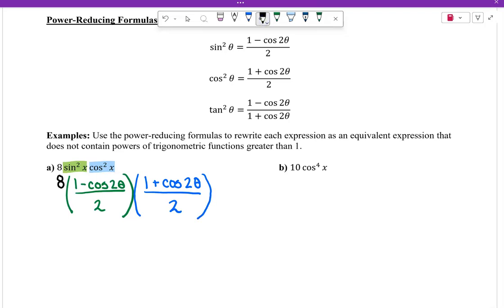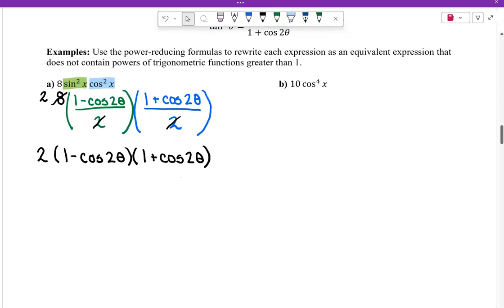Okay, so we know 2 times 2 is 4, and 4 goes into 8 2 times. So we're going to have a 2, and then we're left with 1 minus cosine 2 theta, 1 plus cosine of 2 theta.